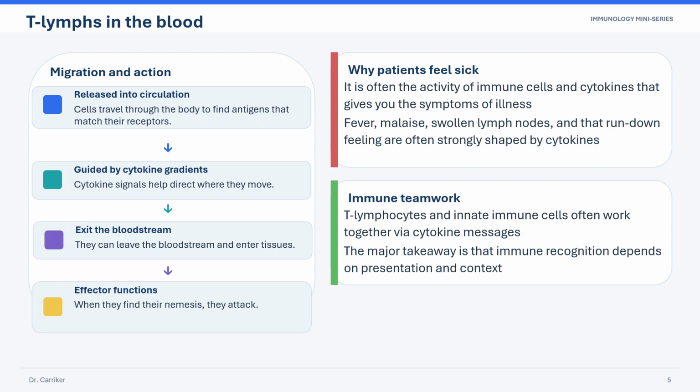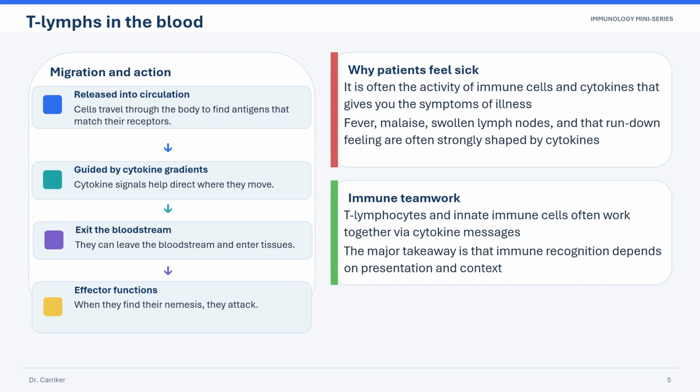So fever, malaise, lymph node swelling, soreness, that overall rundown feeling, that's often not caused directly by the pathogen alone, but it might be strongly shaped by cytokines and the immune cell behavior. In other words, how we're trying to fight the infection.